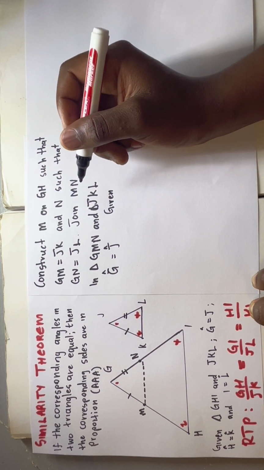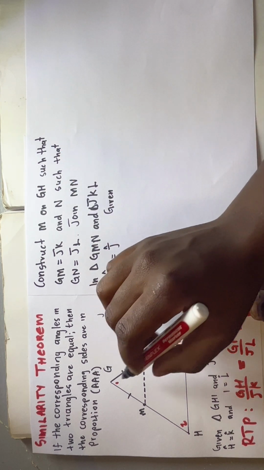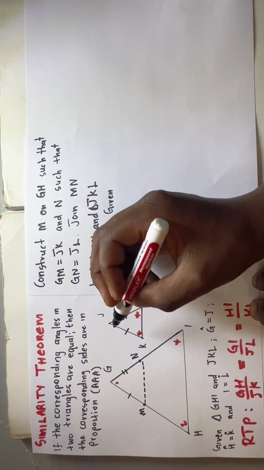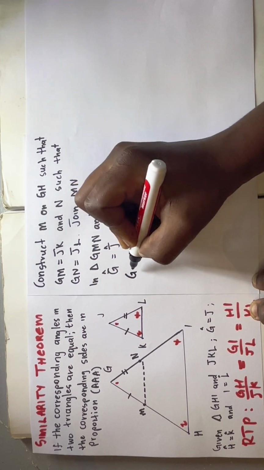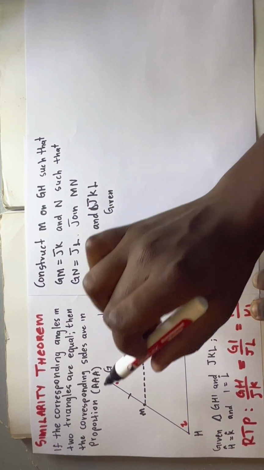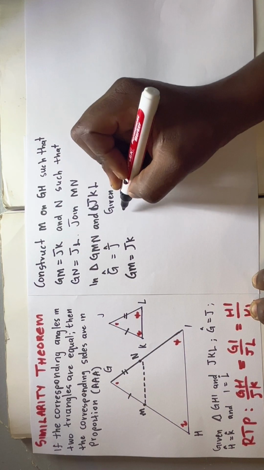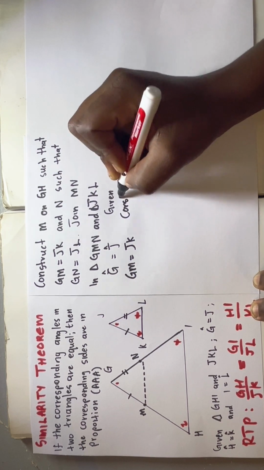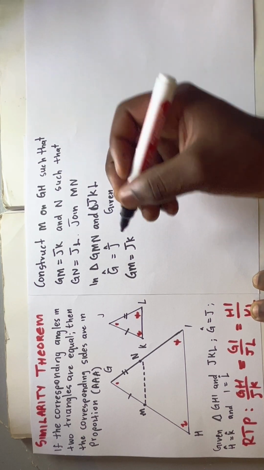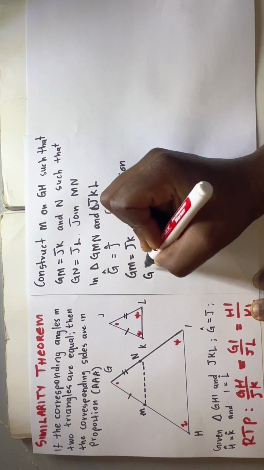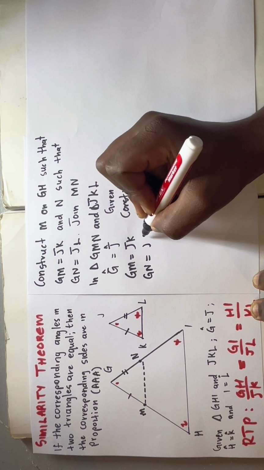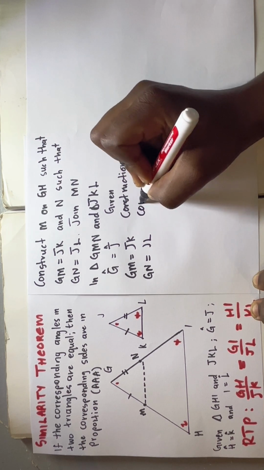What else are we given? We constructed M such that GM is equal to JK. This is because of construction. Remember, after construction, we said these two must be equal. And similarly, GN was constructed such that it is equal to JL. This is also because of construction.